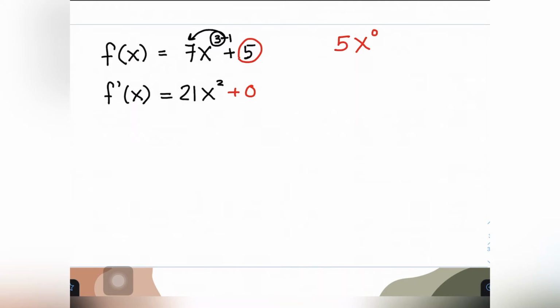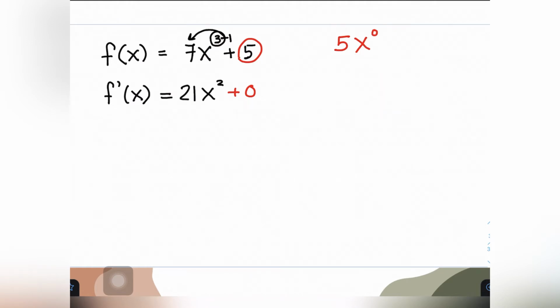Any variable, any term with the power 0, the value is equal to 1. That's why we are not writing 1 behind your coefficient or behind your constant. So you actually cannot see x to the power of 0 behind every constant, but the concept is you have x to the power of 0.